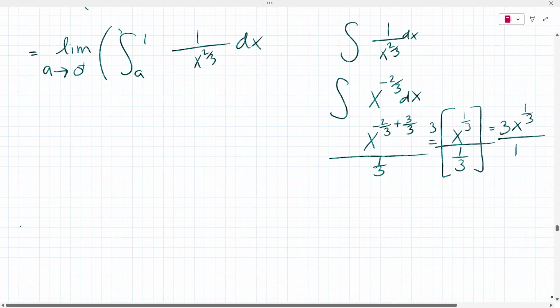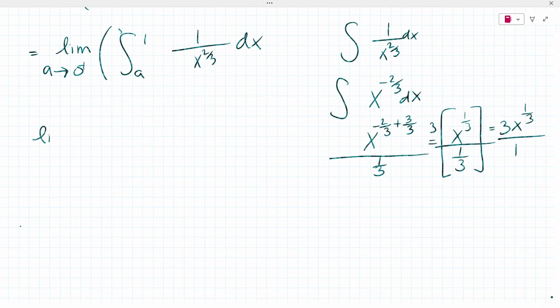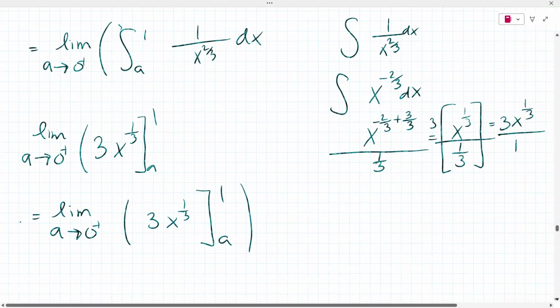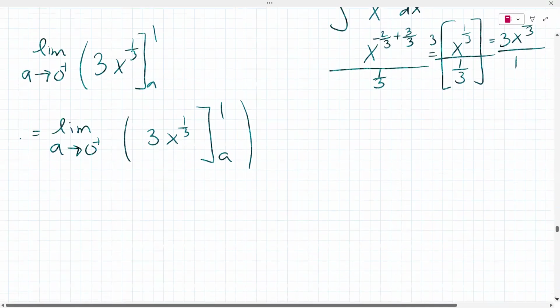So yeah, you're going to rewrite this as the limit as a approaches 0 to the right of 3x to the 1/3 from a to 1. And then do the upper minus lower.